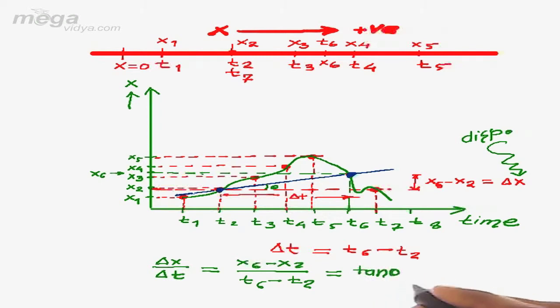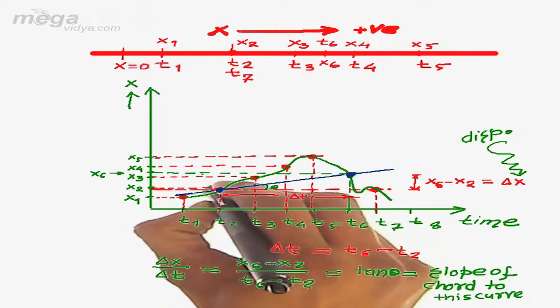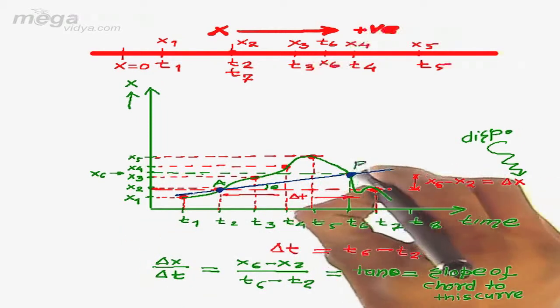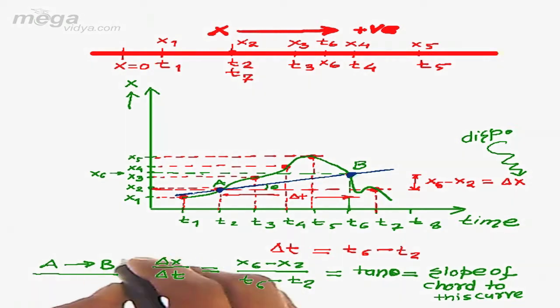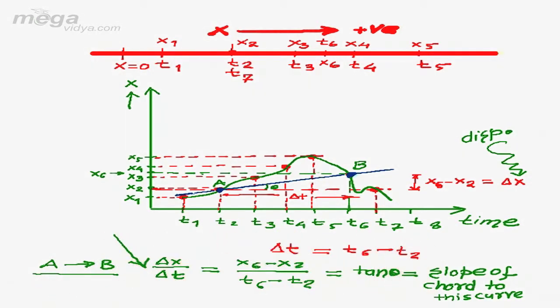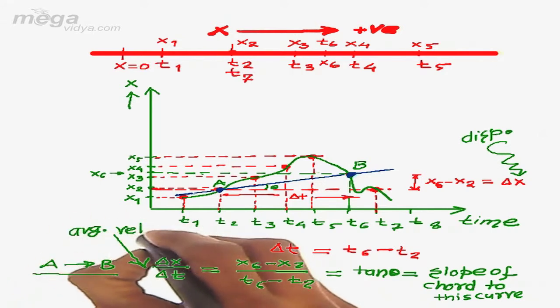What is tan theta here? Tan theta is the slope of the chord to this curve between the positions corresponding to this point A and this point B on this x-t curve. So from A to B, we can write the average velocity between time t2 to t6 to be equal to the slope of the chord to this curve. As you know, this term delta x by delta t is the average velocity, total displacement upon total time.